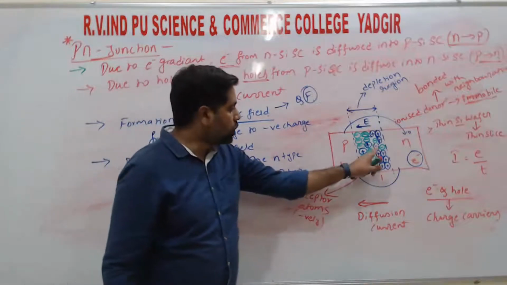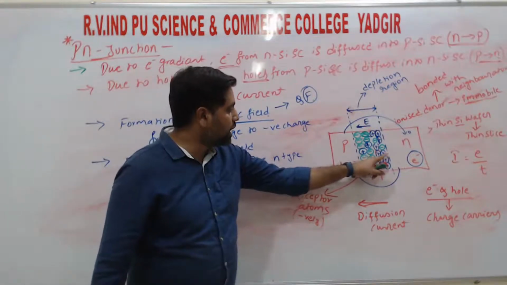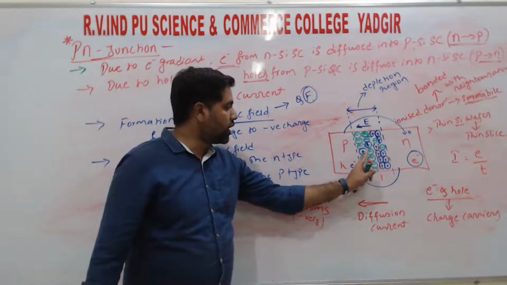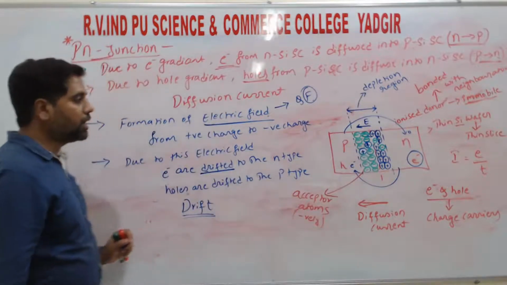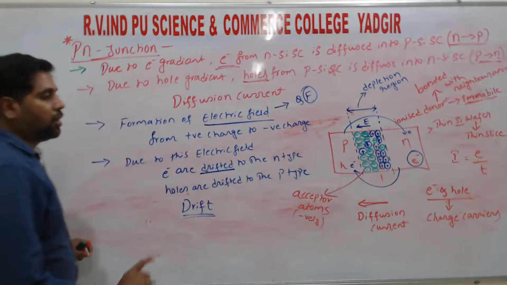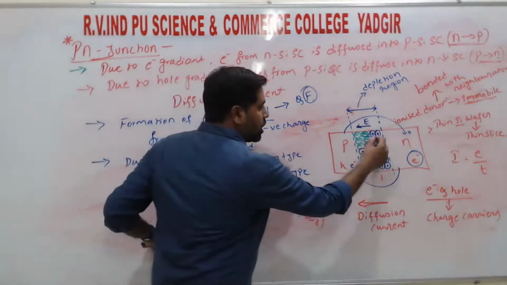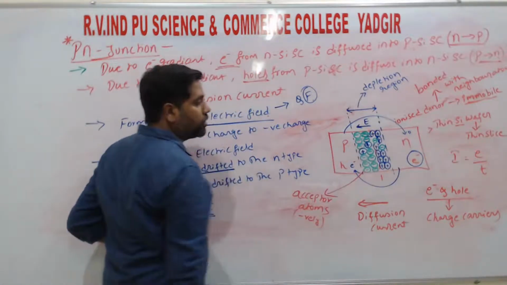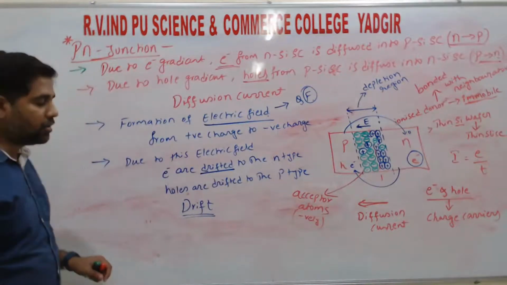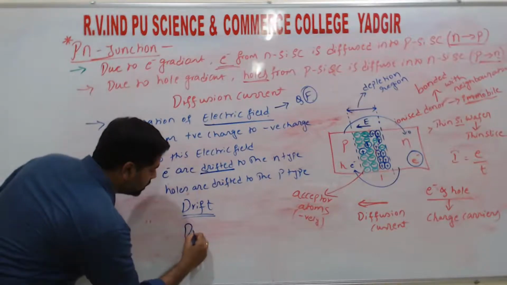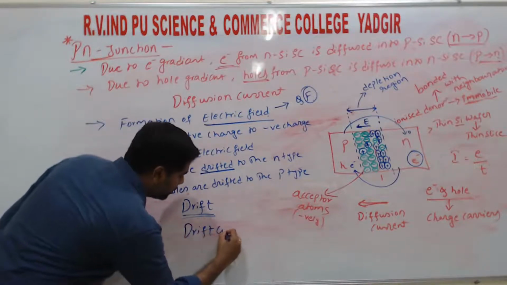That means the positive charges are drifted from N type and negative charges from P type, right? In that process also the charges are drifted, and the flow of charges we call current. That current we call drift current.